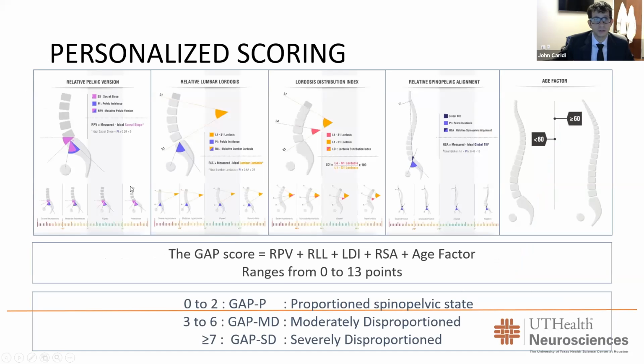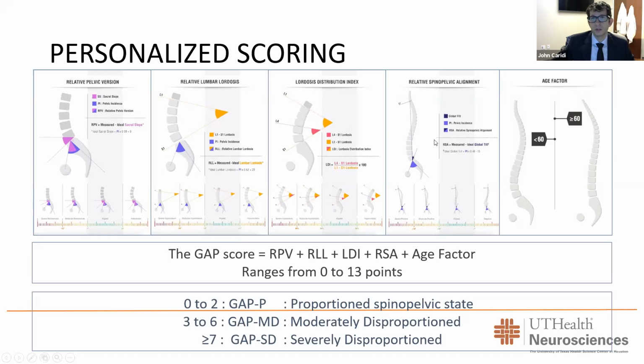So this is basically what they're talking about. And so it looks at the relative pelvic version using the sacral slope and the pelvic incidence, a relative lumbar lordosis. It takes into account the distribution of the lumbar lordosis, knowing that from L4 to S1 should be 2/3 of your lumbar lordosis. So it actually builds in that equation for the distribution.